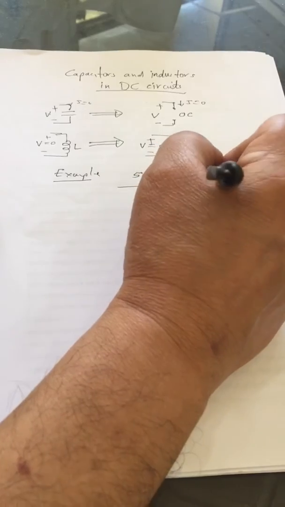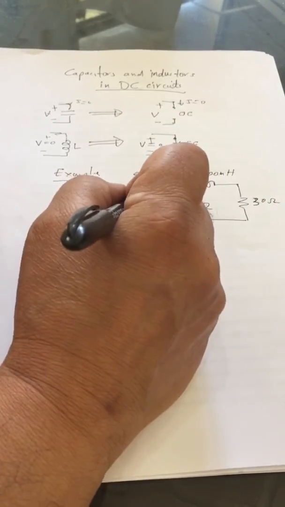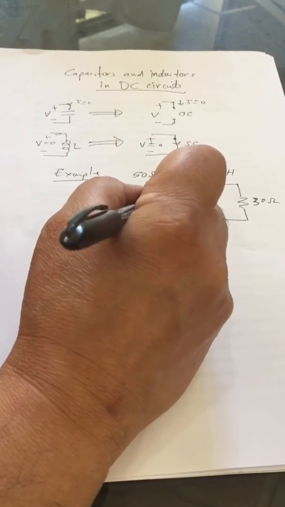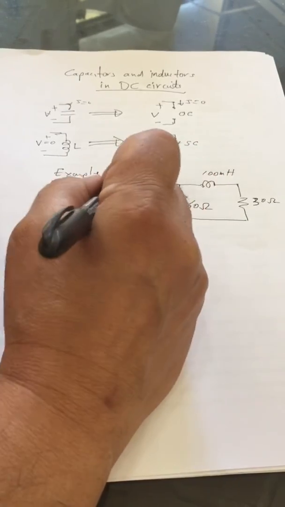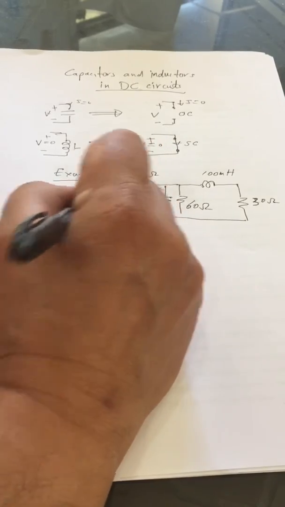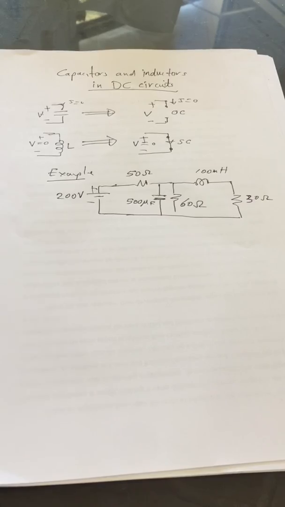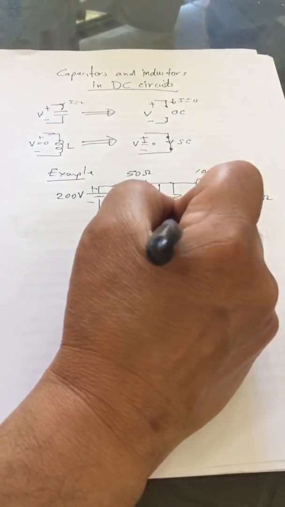We assume we have here 100 millihenry, and here, let's say 500 microfarad. We have a voltage source here of 200 volts. So how do we treat the circuit?